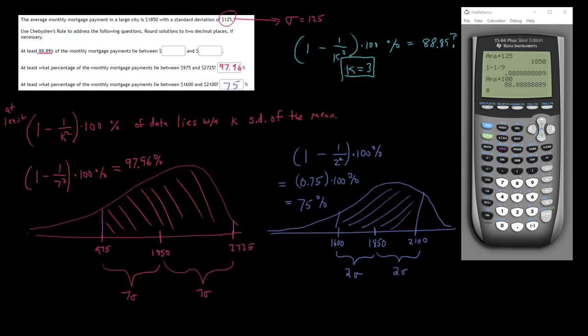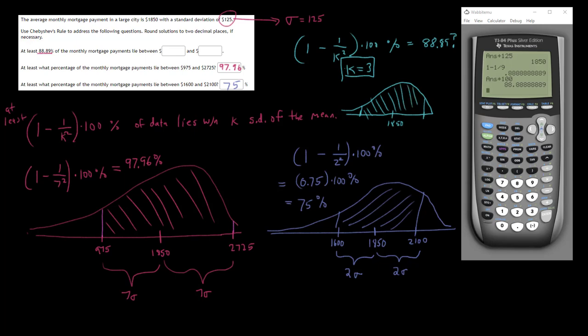Because that means we need to draw a distribution. So 1850 is right there. 1850. And we need to go 3 standard deviations to the right and 3 standard deviations to the left because K equals 3. So this amount of shaded data here in the middle is at least 88.89%.